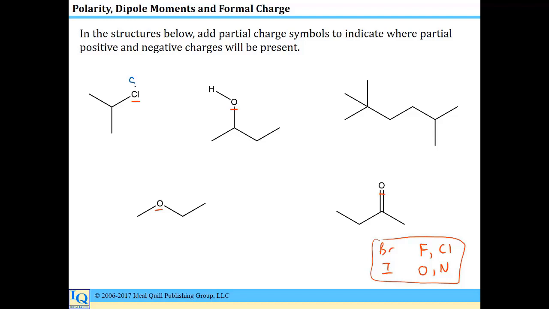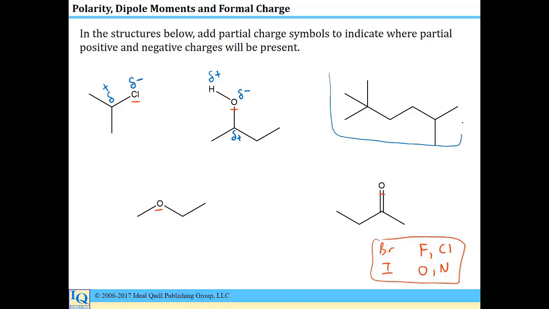If we do that, the more electronegative end of the bond will have a partial negative on it, and the atoms to which it's attached will have a partial positive. In the case of the oxygen in this second structure, it's attached to 2 atoms, a hydrogen and a carbon, so both of those will have a partial positive on them.